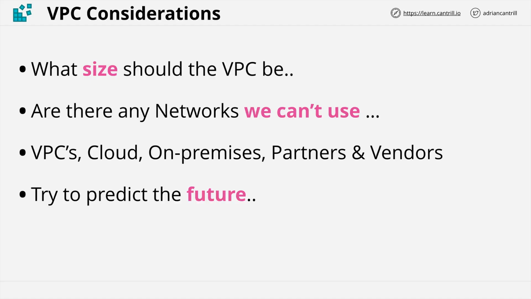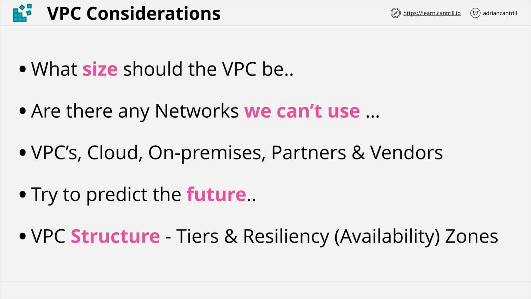You should also aim to predict what could happen in the future. What the situation is now is important, but we all know that things change, so consider what things could be like in the future. You'll also need to consider the structure of the VPC. For a given IP range that we allocate to a VPC, it will need to be broken down further. Every IT network will have tiers. Web tier, application tier, and database tier are three common examples, but there are more, and these will depend on your exact IT architecture.